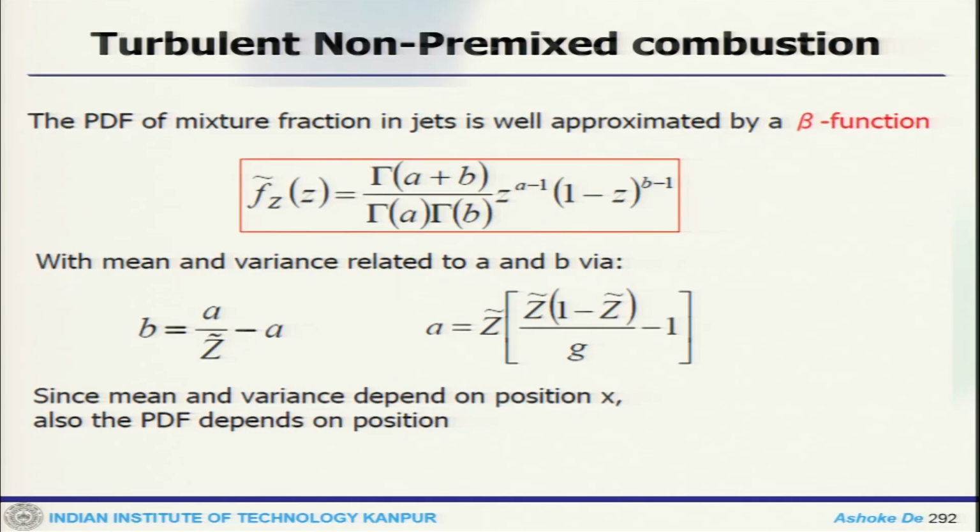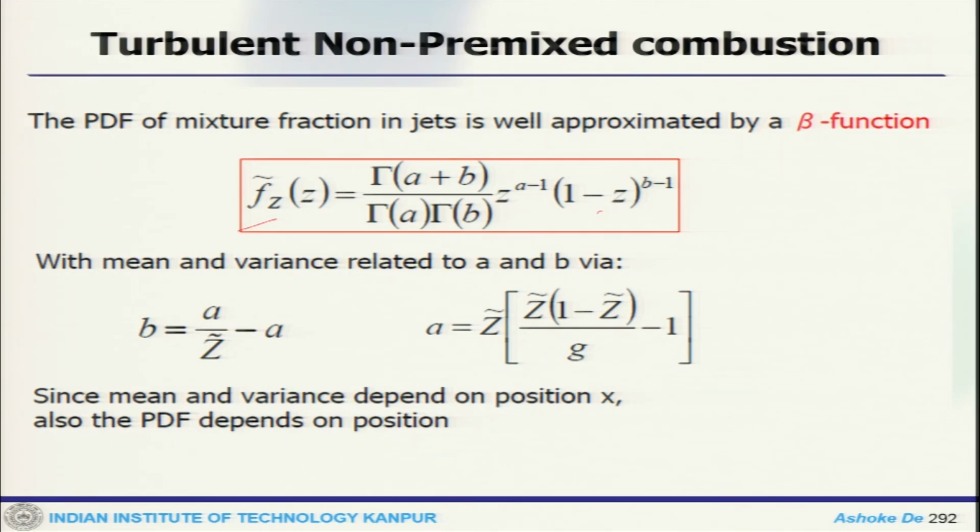Now, it comes to the point of how you define your PDF function, or probability density function, in presumed shape. The one which is quite popular in the literature is defined using the gamma function. So, F(Z) is defined as gamma of (a plus b) by gamma a gamma b, Z to the power a minus 1, (1 minus Z) to the power b minus 1.